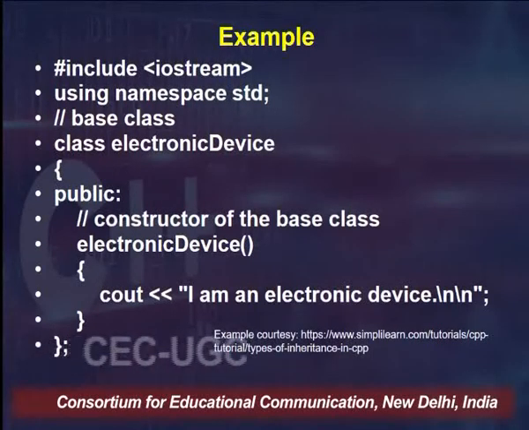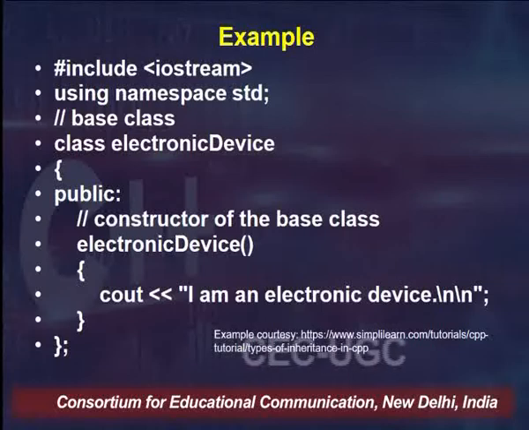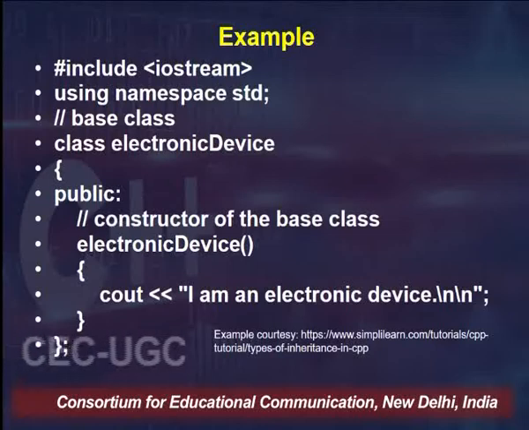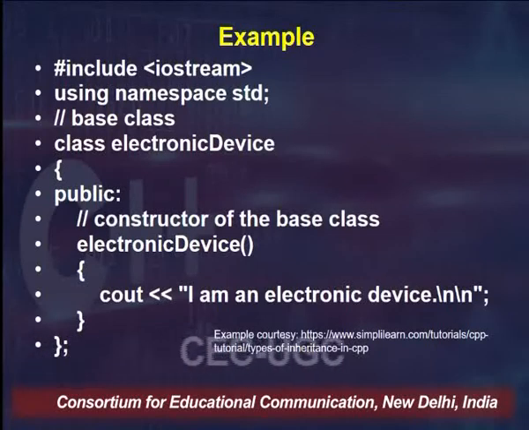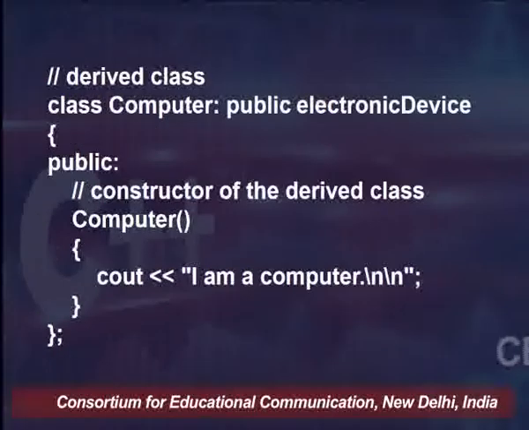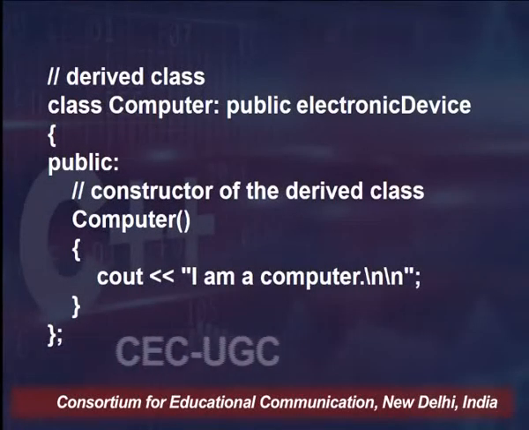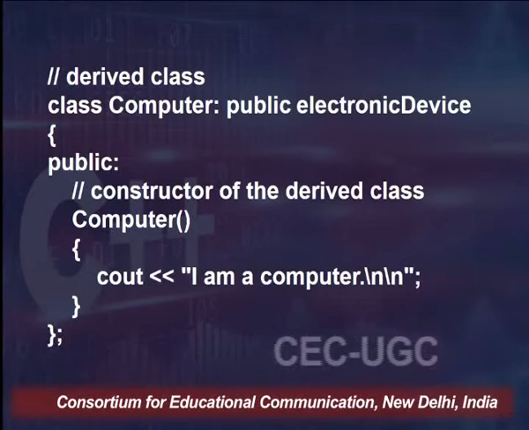So just one class having a simple constructor with one cout statement. Now taking this ElectronicDevice as the base class, we will define another derived class, or child class, named Computer.